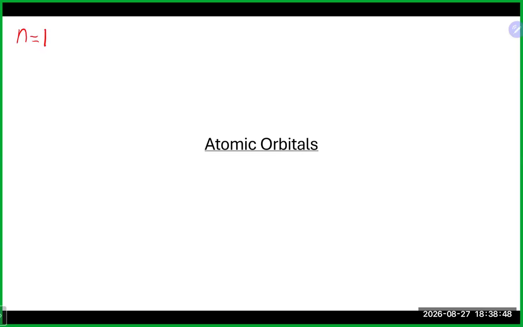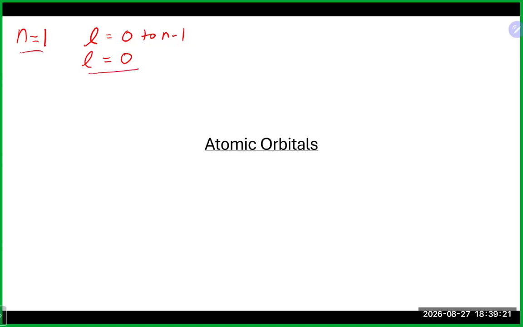If I have n equal to 1, you're on the first energy level, and the L values possible in this situation are 0 to n minus 1. In this case, my n is 1, so 1 minus 1 is what? 0. So the only possible value you could have for L is 0 here on the first energy level.